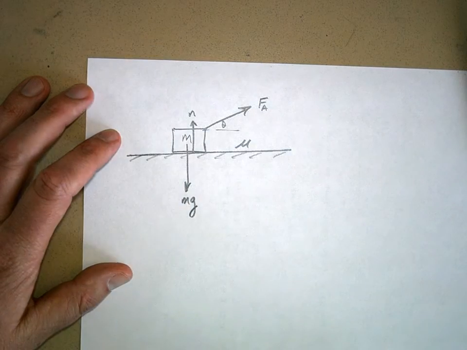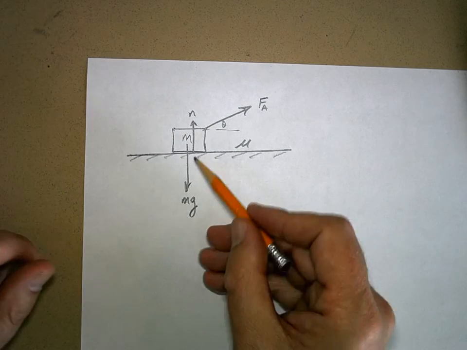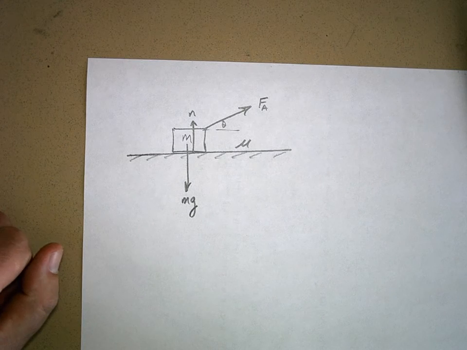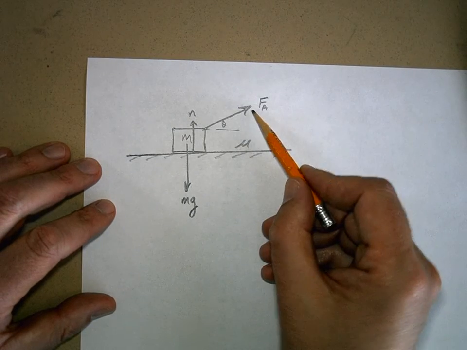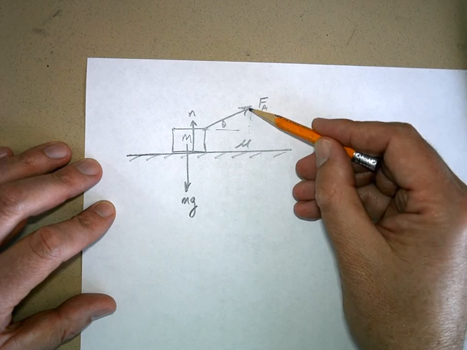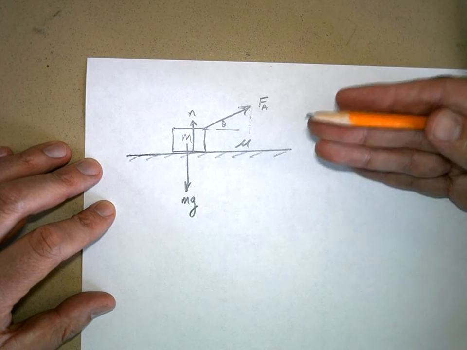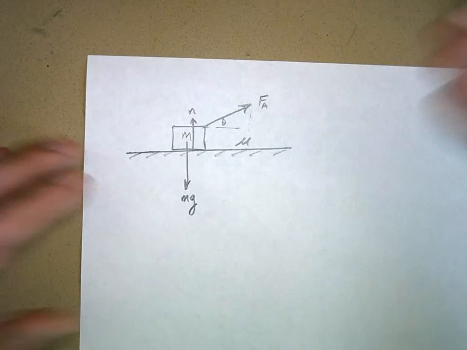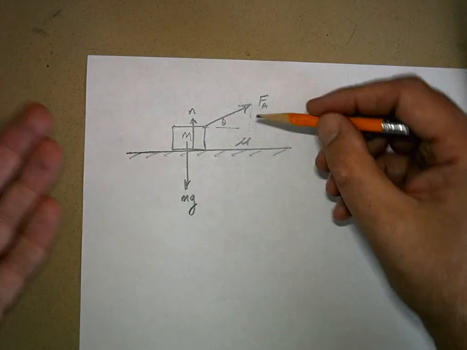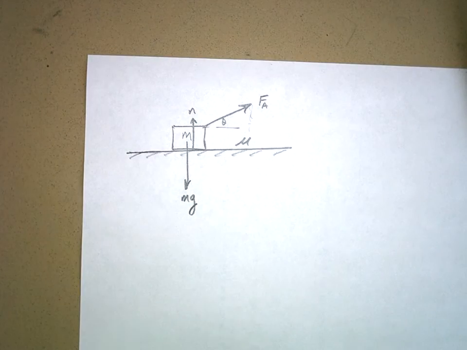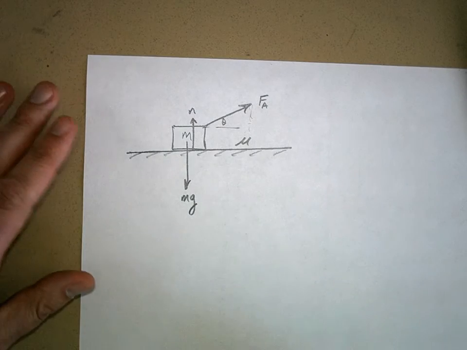Why would I draw the normal force smaller than the weight force? Because look at this applied force. It's got a component that's up. So it's actually supporting some of the weight, so the normal force doesn't have to support all the weight. In fact, the way I drew it, it looks like I might be lifting it off the ground. I'm not, though. But we've got a force of friction here, right?